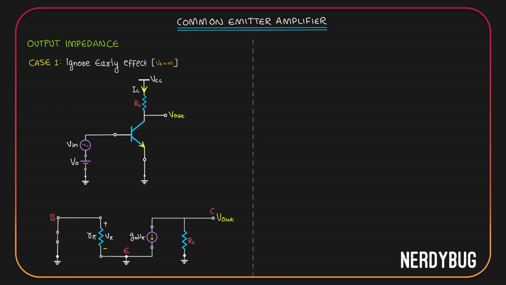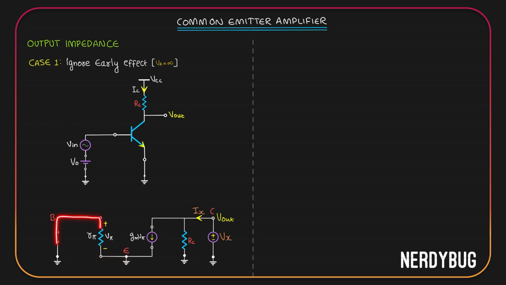The next thing we have to do is, since we are finding the output impedance, I'll have to add a potential Vx over here and calculate its relationship with Ix, which is the current that will flow in this direction over here. Now, take a look at R pi. Its one end through the base goes to the ground. The other end through the emitter again goes to the ground.